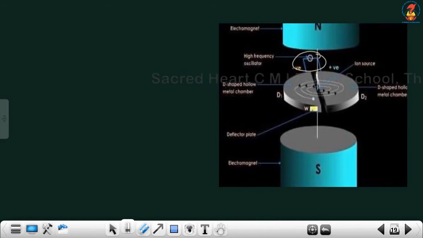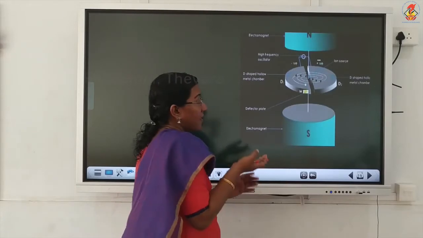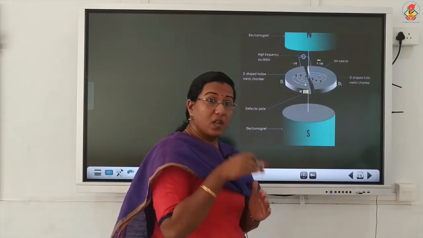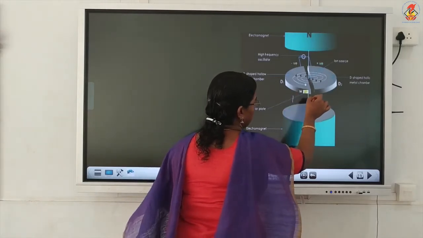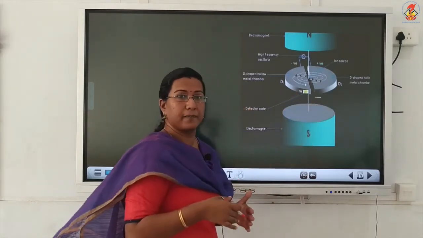So, at an instant of time, one side of the D, that means D1, will be positive. At that time the next D, D2, will be negative. And after a fraction of time, what happens? The polarity of the oscillator reverses. So, D1 becomes negative and D2 becomes positive, and this keeps on repeating.